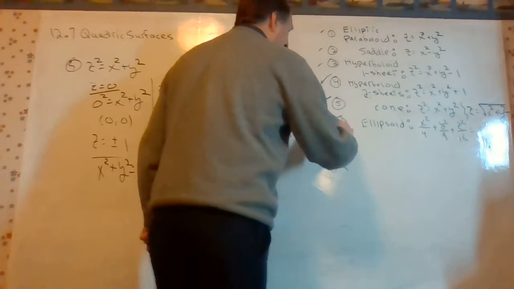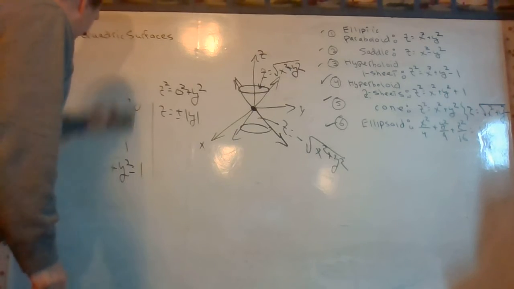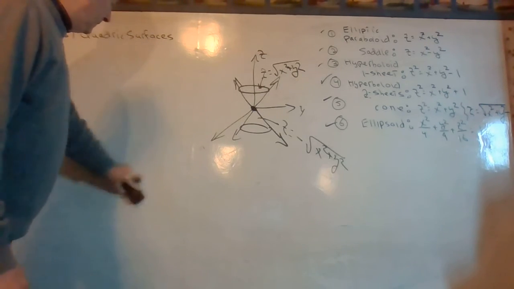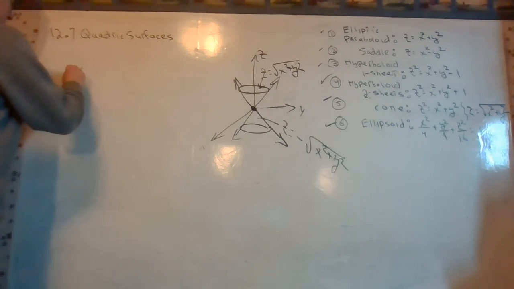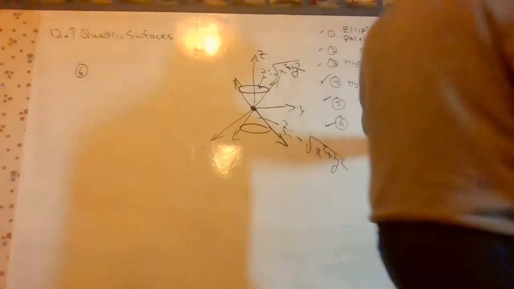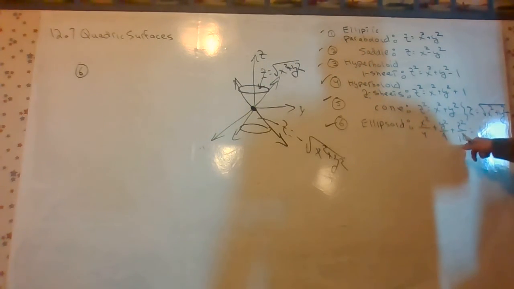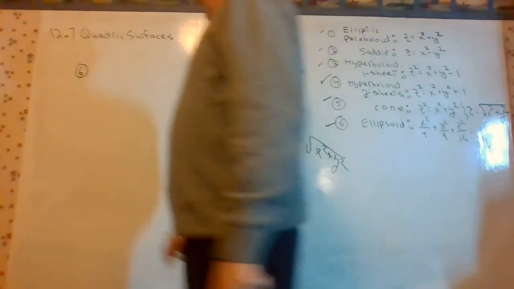Okay, one last one. We have an ellipsoid. I just picked a particular ellipsoid, but in a book they'll have a squared, b squared, c squared here, where a is 2, b is 3, c is 4, but I picked a particular one.